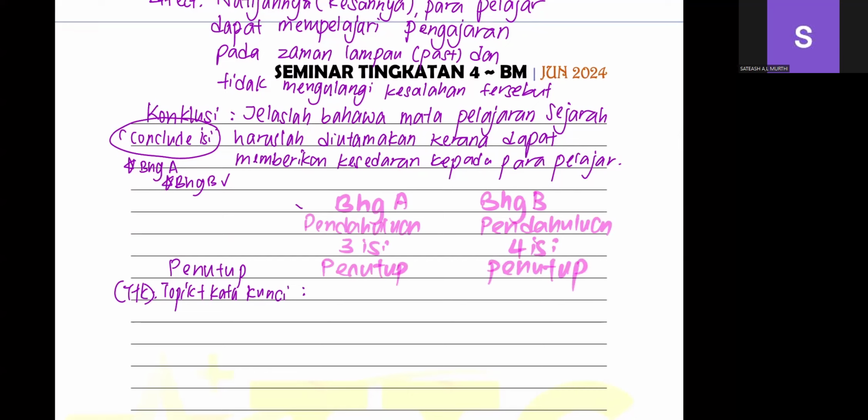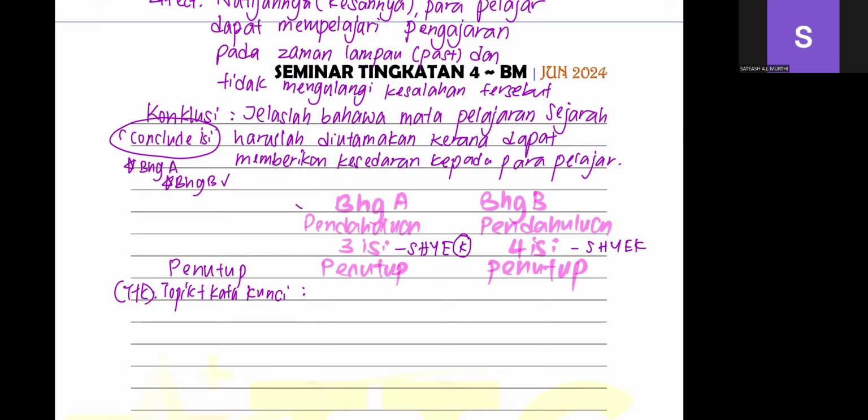So normally, for isi, your SHYEK, you need to have a K. But as for bahagian A, you just SHYE. But if you think you're writing very short for your huraian, then you can add on a K. I circle it out because it's optional.